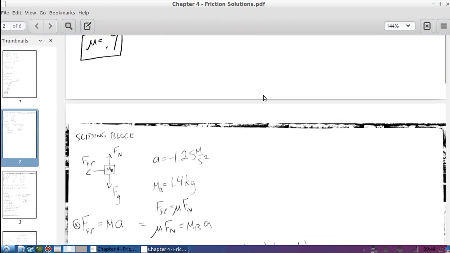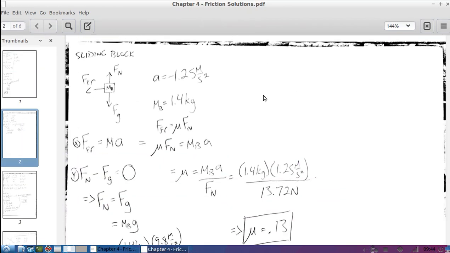So my free body diagram for the sliding block is very similar to the sled, except I don't have a child pulling it. So I still have the normal force, I still have the gravitational force, but now the only force in the x direction is the frictional force. Okay. So in the x direction, the frictional force is equal to the mass of the crate times the acceleration.